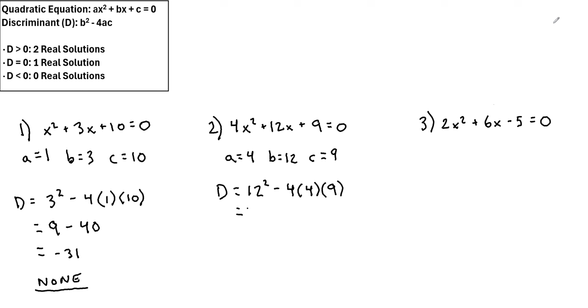So we get 12 squared, 12 times 12, that's 144, minus 4 times 4 is 16, and 16 times 9, that also turns out to be 144. So the discriminant is equal to 0. Looking at our rules of thumb up here, when the discriminant is equal to 0, there is 1 real solution. So we'll write 1 solution.